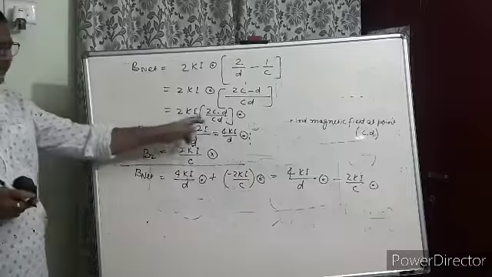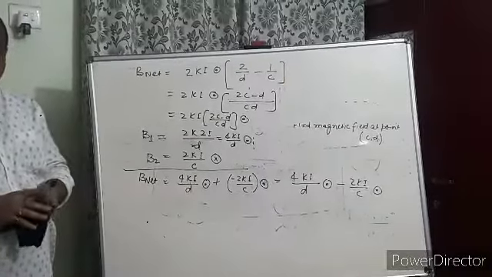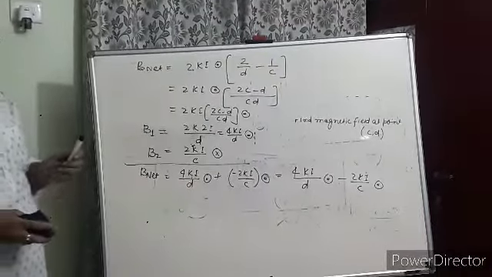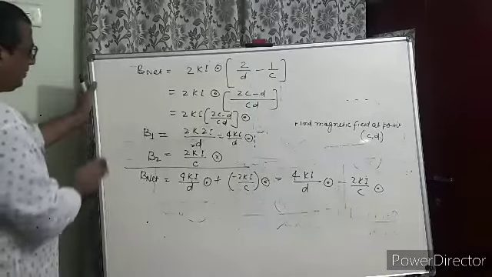So this is the net magnetic field due to two wires. Okay. Now question number 2.